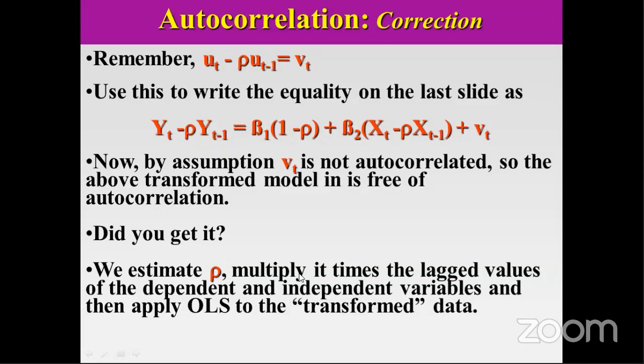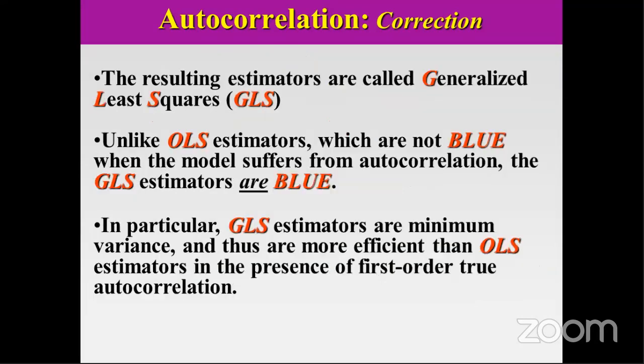What we have done is first estimate the rho value, multiply that rho with both the dependent and independent variables of the model, and then simply use the OLS estimator on the transformed model, because in this transformed model the disturbance term is not autocorrelated. In the literature, this process is known as the generalized least squares method.